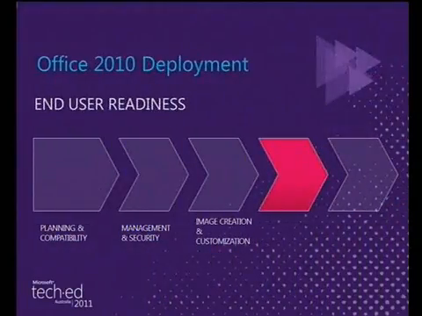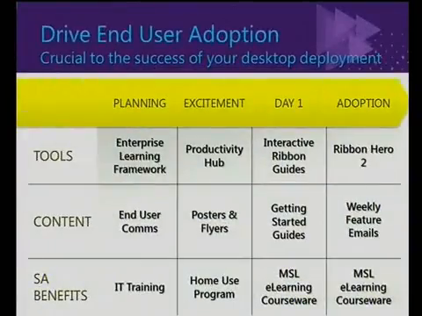So let's move on. Let's talk about the end user readiness capabilities. We won't spend too much time on this because there's a lot to cover on end user adoption. But suffice to say, some of these tools are already included in the proof of concept kit. These are tools to help your users get ready, whether it's an interactive guide showing you the Office 2003 experience and the Office 2010 experience. We provide that there.